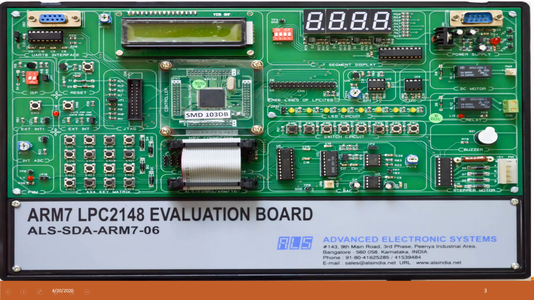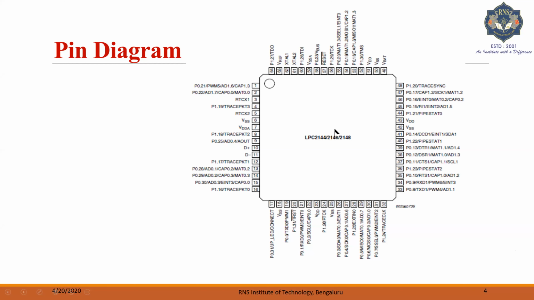Okay, so this is a pin diagram of the LPC 2148. It contains 64 pins. These pins are capable of not only one function, they can handle 3 to 4 functions. By programming the registers, we can handle them and make them avail all the functions.